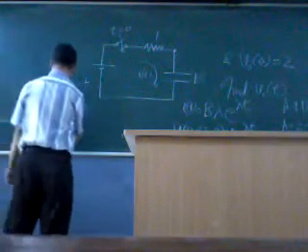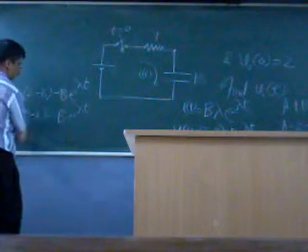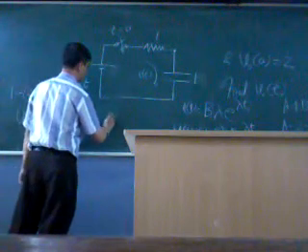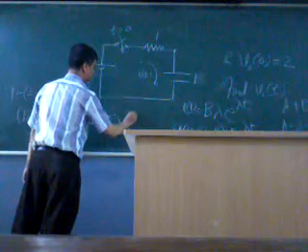This upon 1, that is this itself, must be equal to B lambda e raised to lambda t.